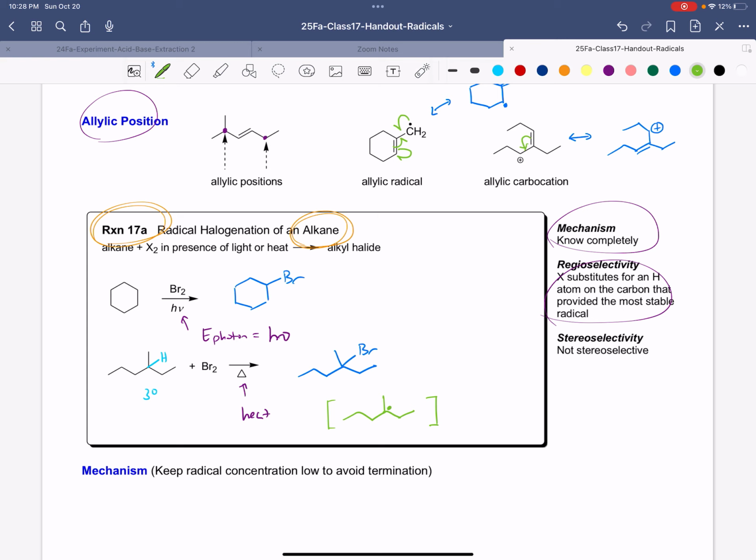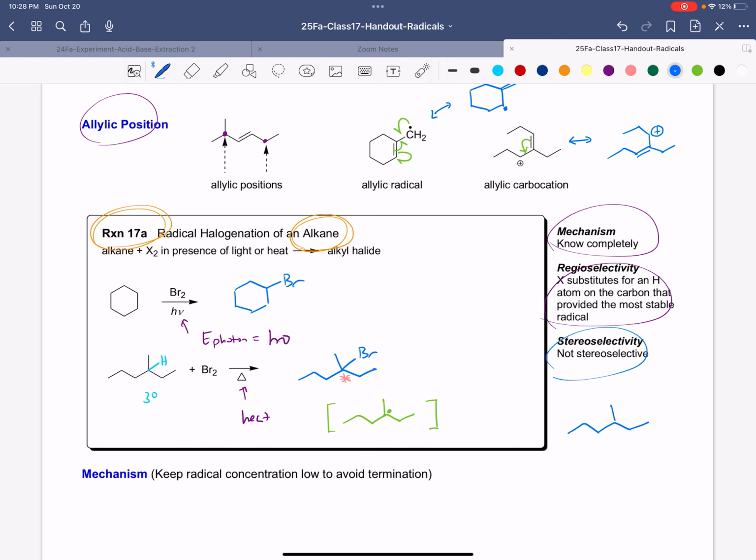And there's a p orbital sticking perpendicular from the 3 sigma bonds. And the Br could come from the front or the back. So this is, again, not stereoselective, and if we need to draw stereoisomers, we understand that this carbon here is chiral, and the Br could come from the front or the back.